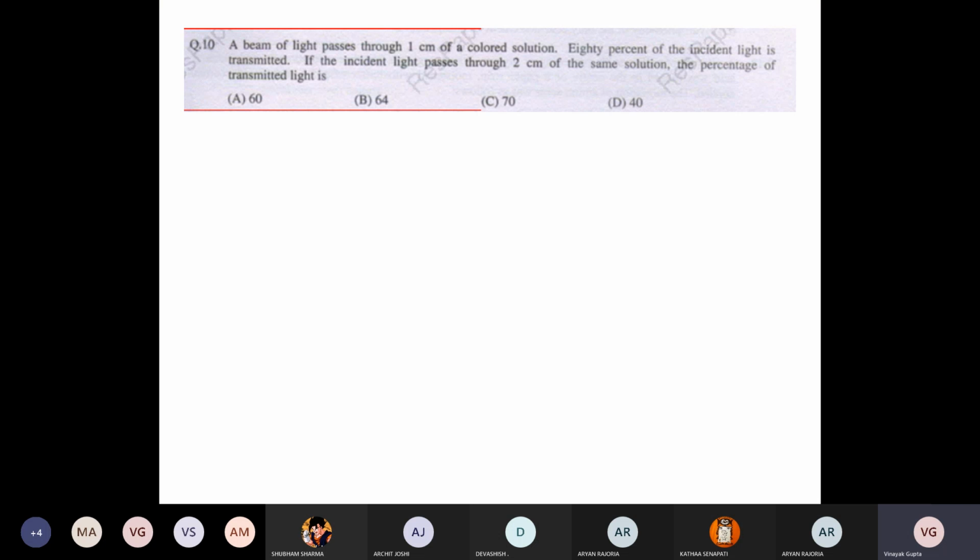Okay, so now let's try. A beam of light passes through 1 centimeter of a colored solution. So here L is 1 centimeter. 80% of the incident light is transmitted. 80%, T is 0.8.